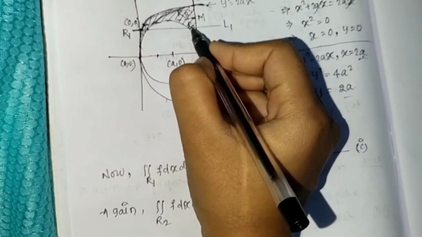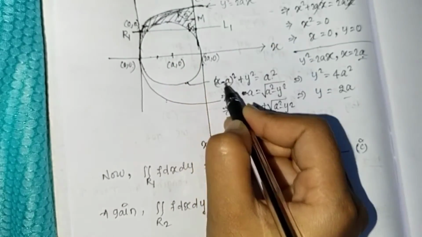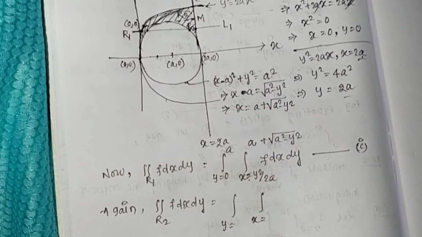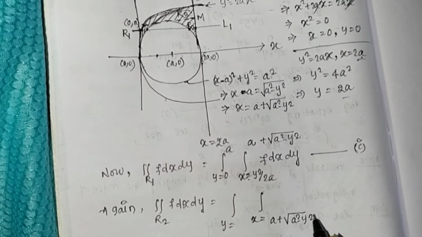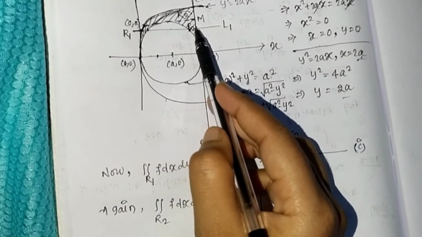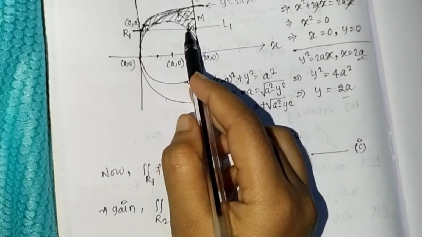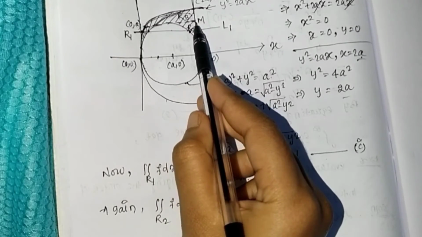So x limit is from this to this, where x is a plus root of a square minus y square to this one. So here x equals 2a, and our y is from 0 to a.